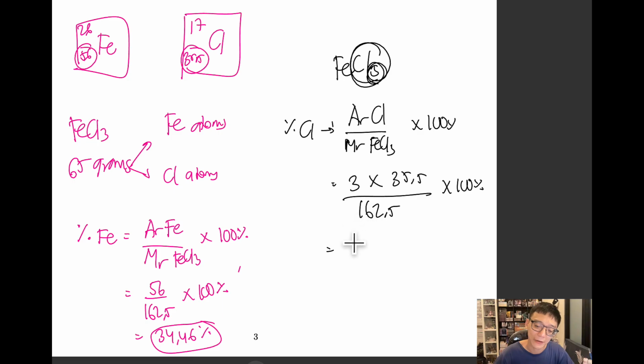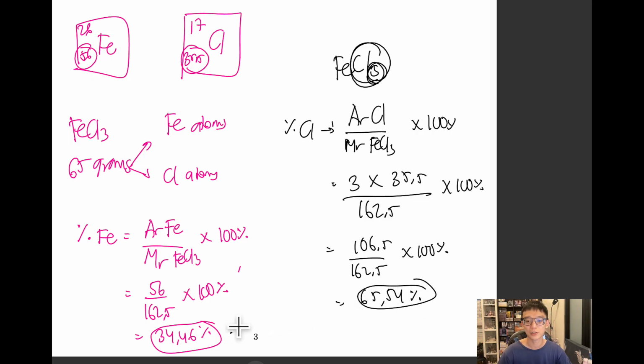So we have 106.5 over 162.5 multiplied by 100%. So we will get, actually it should be the remaining, which is 65.54%. So if you sum these two up, then they will be 100% exactly, meaning that our calculation is correct and the molecule consists of only Fe and Cl atoms.